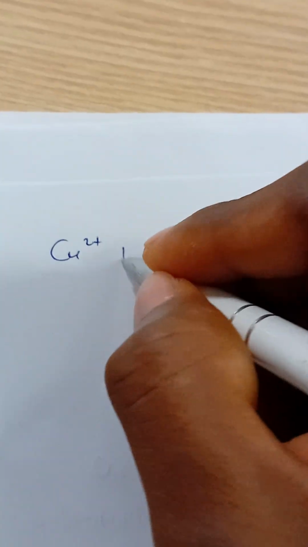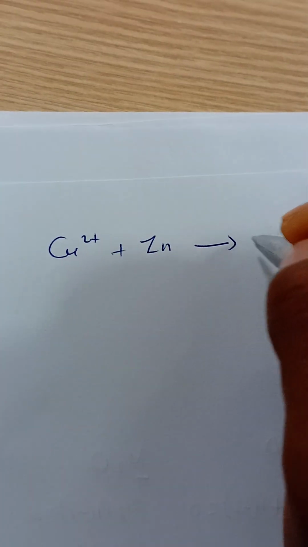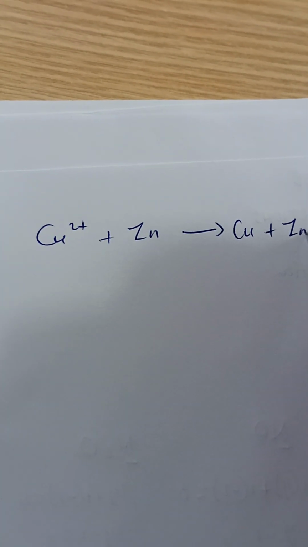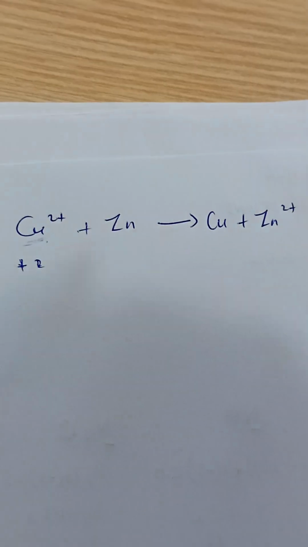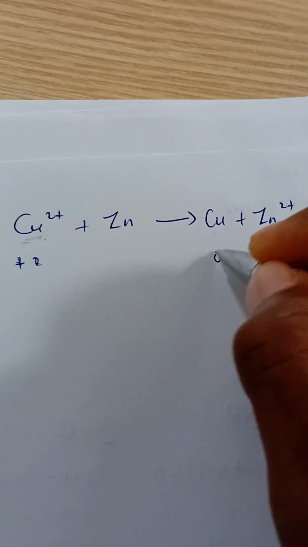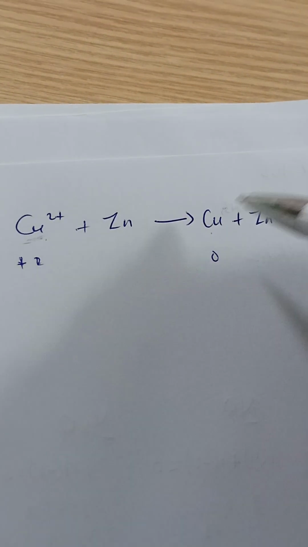This is an example of a redox reaction: Cu2+ plus Zn going to Cu plus Zn2+. We said oxidation is an increase in oxidation number and reduction is a decrease in oxidation number. If you take Cu, the oxidation state on the reactant side is +2, and on the product side it is 0, since we are not seeing any charge there.